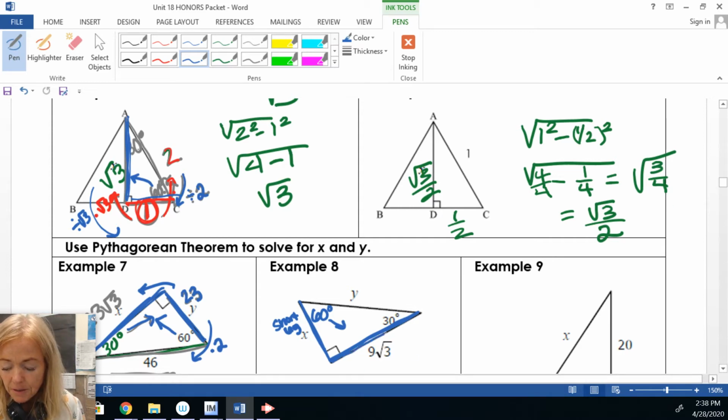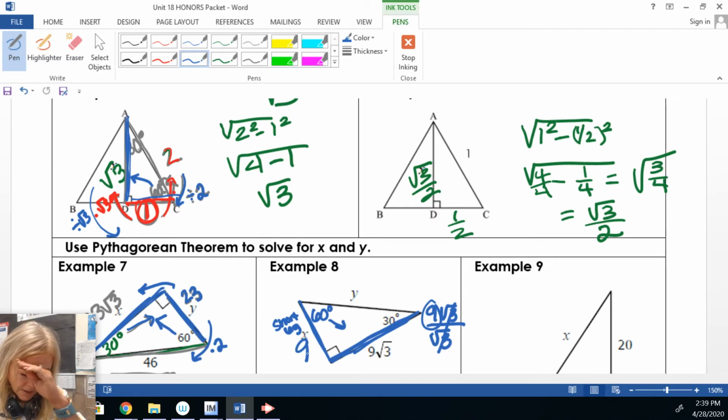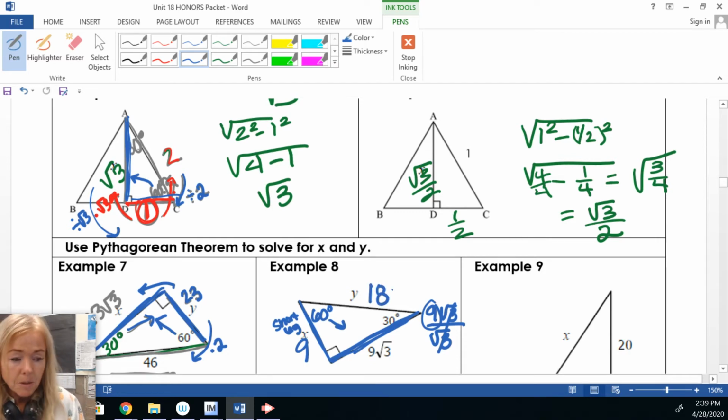So if the longer leg is 9 radical 3, then I need to divide by radical 3 to get to the short side, which is 9, because radical 3 divided by radical 3 is 1. Anything divided by itself is 1. So that makes that leg 9, and then I can find the hypotenuse from there, because whatever the short leg is, I know the hypotenuse is going to be twice it, so 18. And that gives me my x and y for that one.